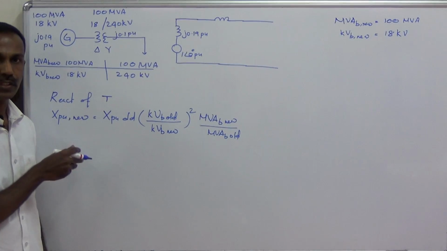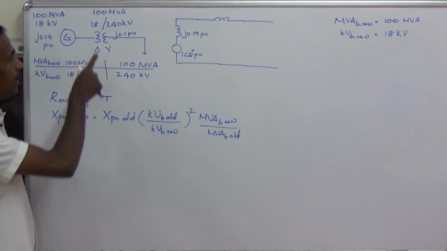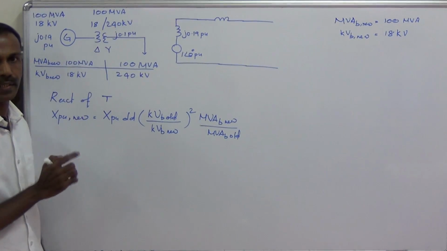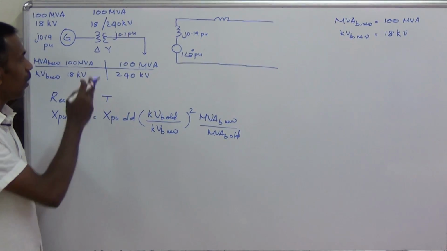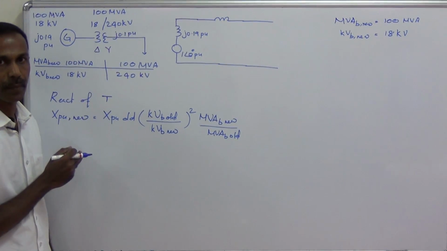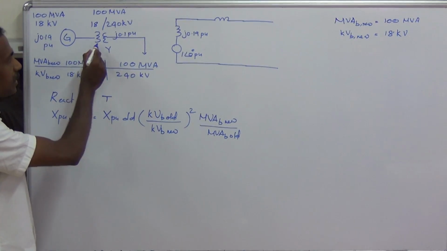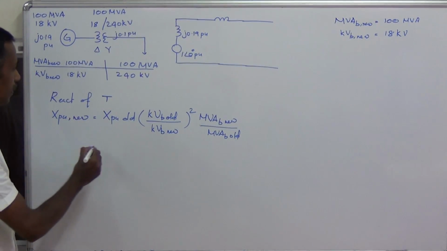Now let us find out the reactance of the transformer. The per unit reactance of the transformer can be found out either on the primary side or on the secondary side. The per unit reactance will be the same on both sides for a transformer. Let us find out the per unit reactance on the primary side.